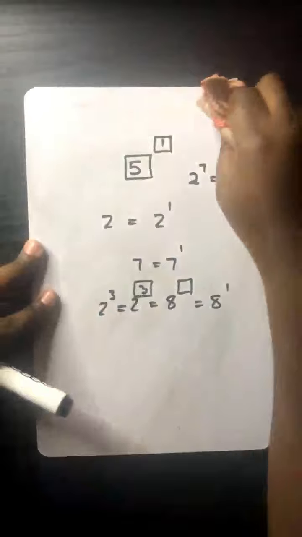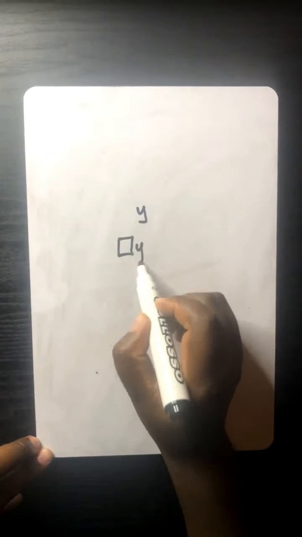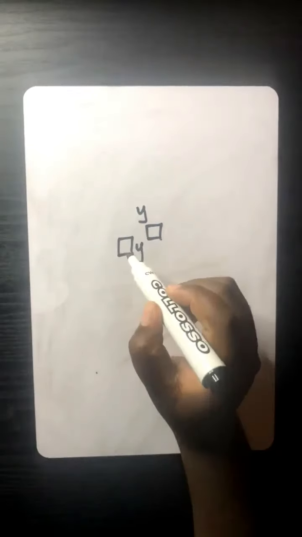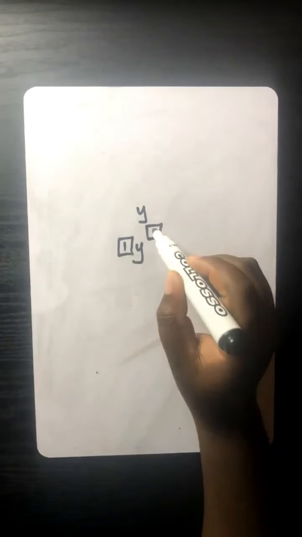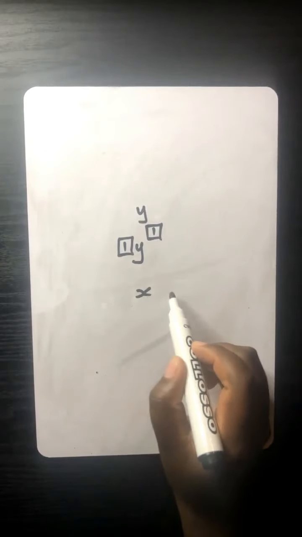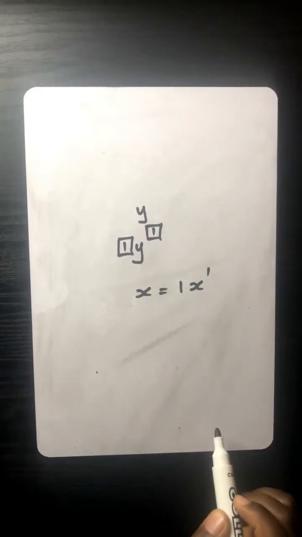So now, let me explain all of that using a letter. If you've got y, just know that you've got a coefficient, you've got y, and you still have an exponent. So the coefficient in this case is 1, the exponent is 1. If you've got x, this is the same as 1x to the exponent 1.